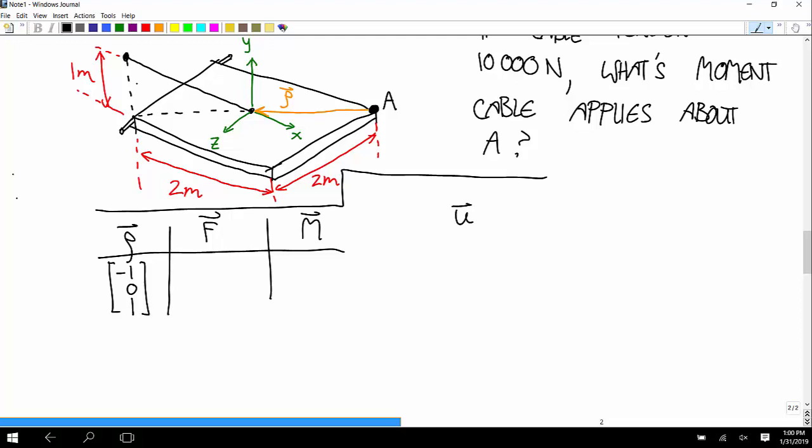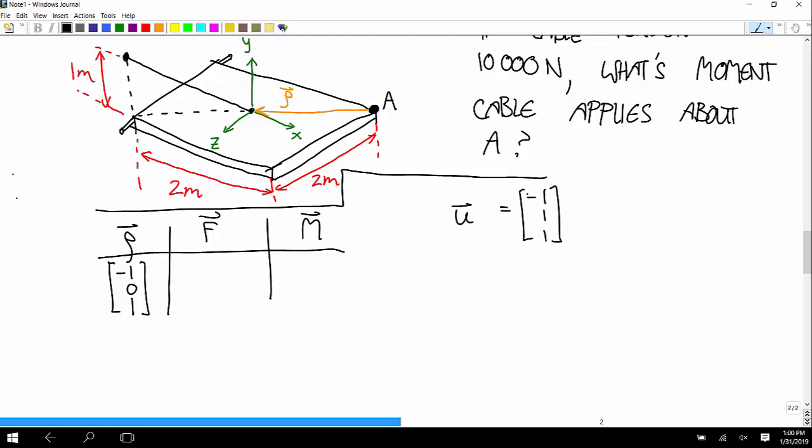To do that, you would go 1 meter in the negative x direction, 1 meter in the positive y direction, and then 1 meter in the positive z direction. So this vector is -1, 1, 1. Any questions about that?